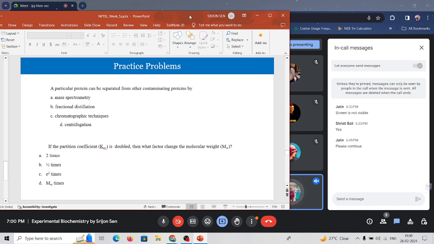A particular protein can be separated from the contaminating proteins by mass spectrometry, fractional distillation, chromatographic techniques, and centrifugation. So which option or options do you feel is or are correct? You can answer in the chat box.